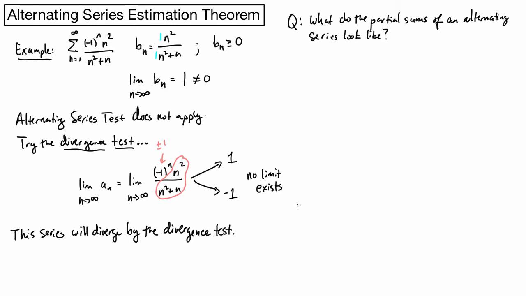What's going on? Well, suppose that S is the sum of some alternating series, and I'll make it a series of the form minus 1 to the n times, let's say, bn.